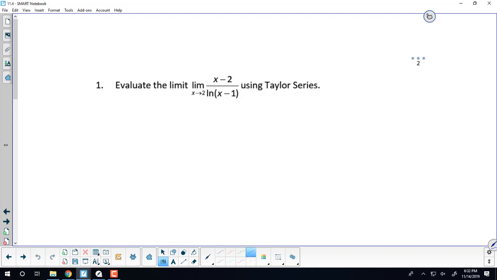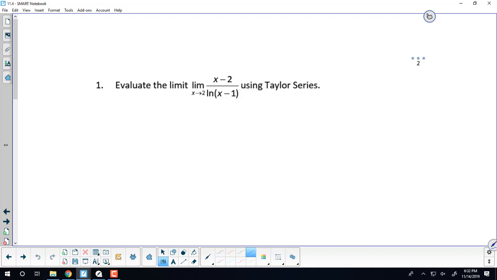It says evaluate the limit using Taylor series. As x approaches 2, x minus 2 over ln x minus 1. Just directly evaluating this limit, it ends up being 0 over 0. So that's a perfect situation to apply L'Hopital's rule to.